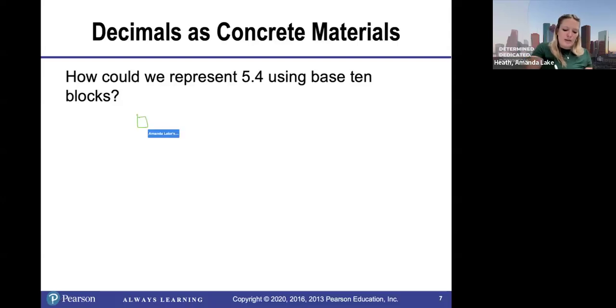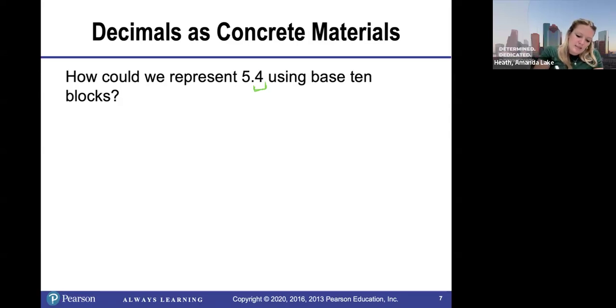I could say I need 5 1's because I have 5 in my 1's place, but then I run into a problem representing 0.4, because I don't have a smaller block than that 1's block. So if we start by asking what the smallest place value I need to represent is, and let the little tiny block be that place value, we'll be in a lot better shape.